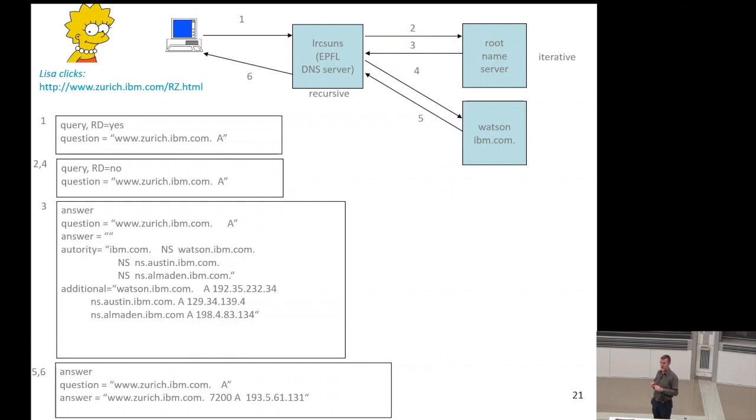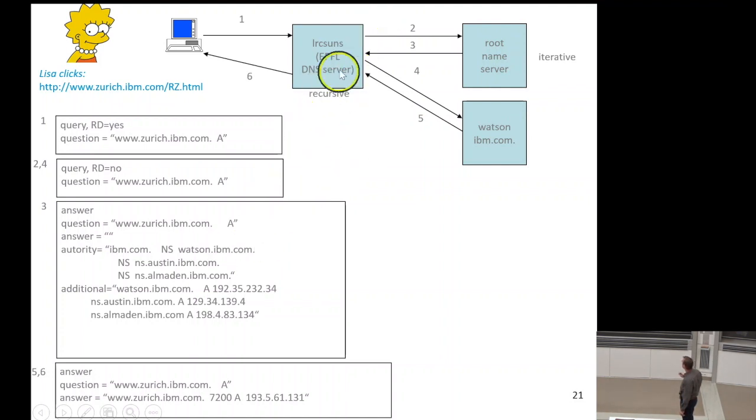So all DNS servers must know at least a few pieces of information that are used for bootstrapping, and the information they know is that of the addresses of what are called the root servers. There are less than 20 root servers in the world that correspond to the top-level domains, like .com.